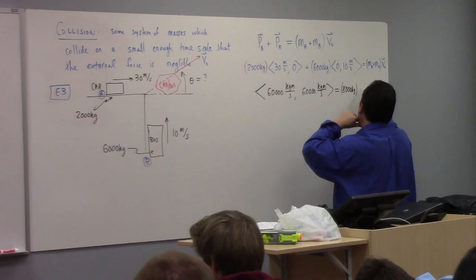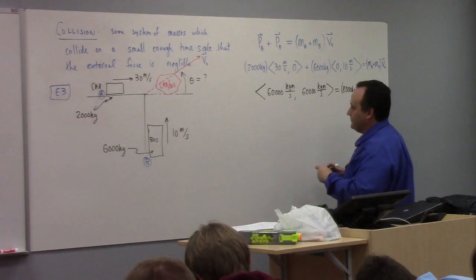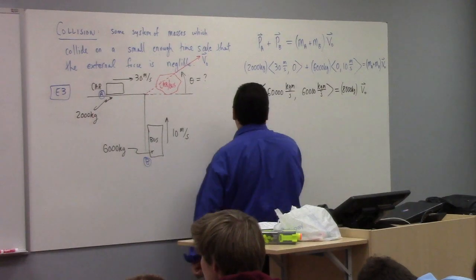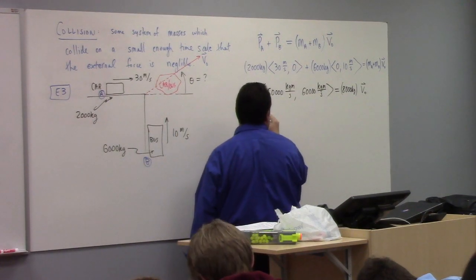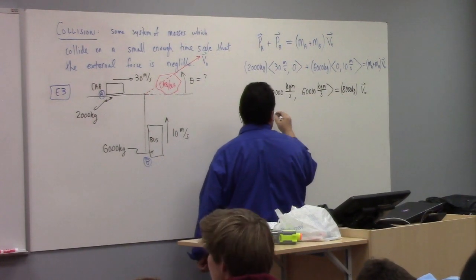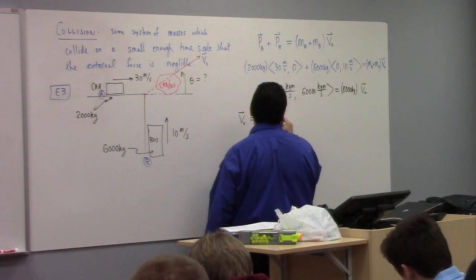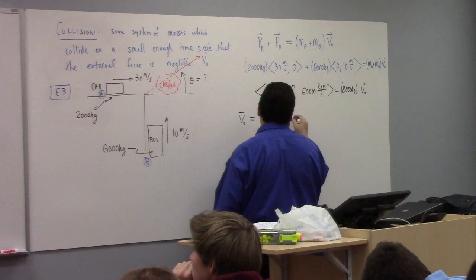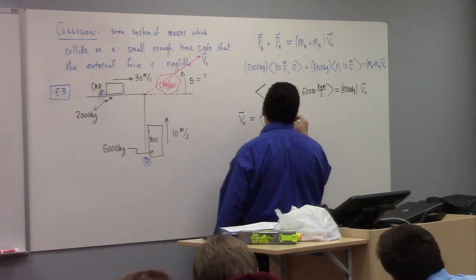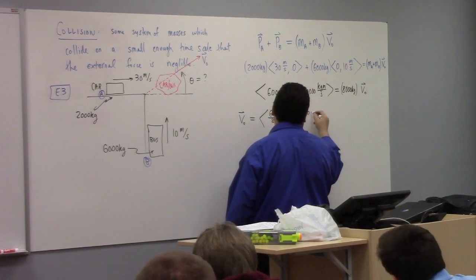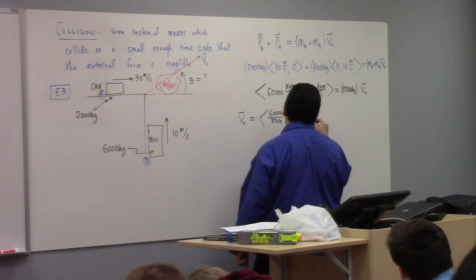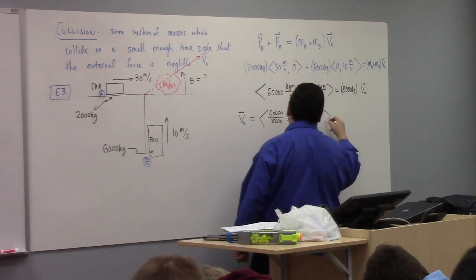Kilograms times the velocity. So apparently my velocity right after the collision is in fact 60,000 over 8,000 meters per second. So what's that equal to?